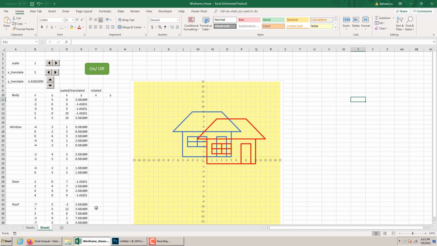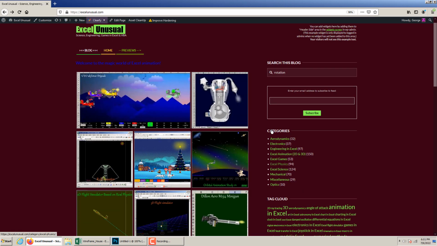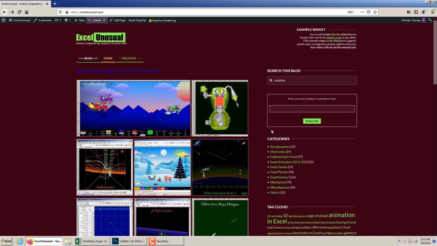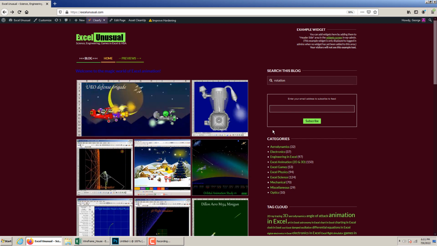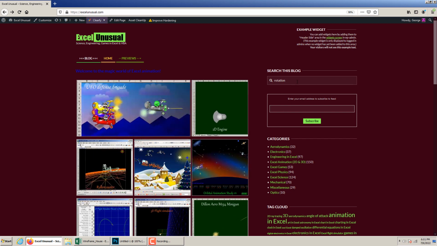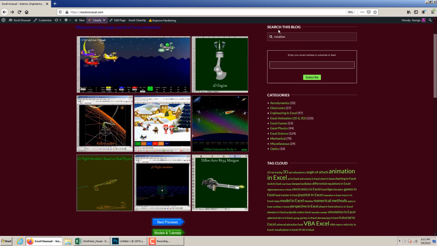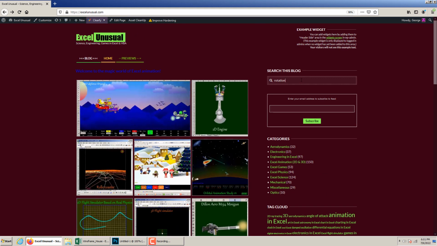In order to understand the formulas, I'm going to my website here. You can go anywhere on Google and type rotation formula, 2D rotation, stuff like this. I typed rotation in the search box and I hit return.